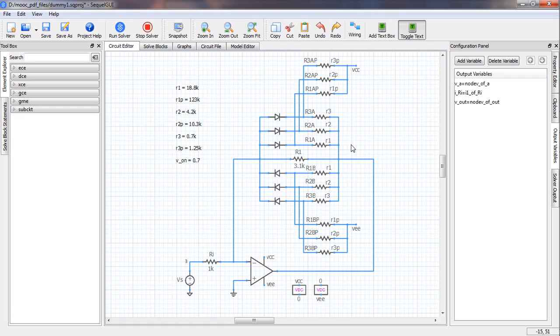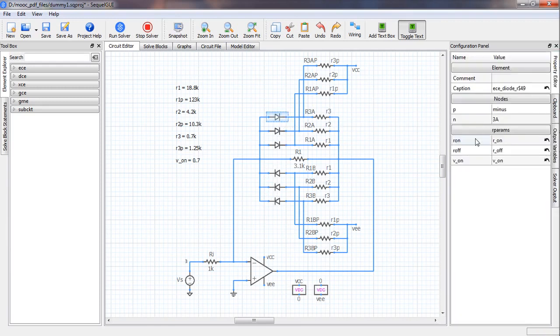But before we begin, let us note one specific feature that is very useful in this specific case, and that is we have these global parameters here. For example, V on has been specified as 0.7 volts. Now there is a reason for that. All these 6 diodes are going to be identical, and they have parameters like on resistance, off resistance and V on, and these parameters are going to be the same for all these 6 diodes.